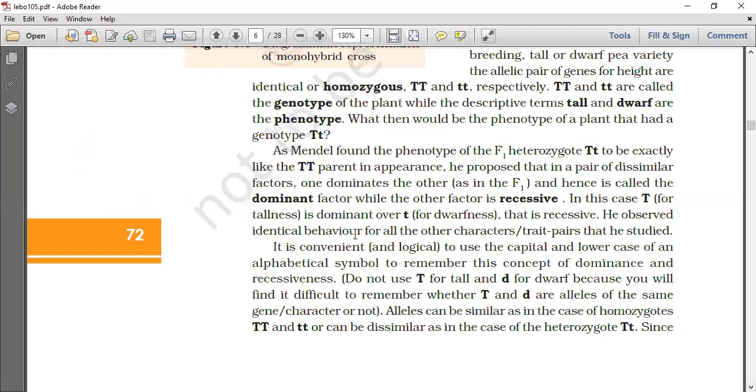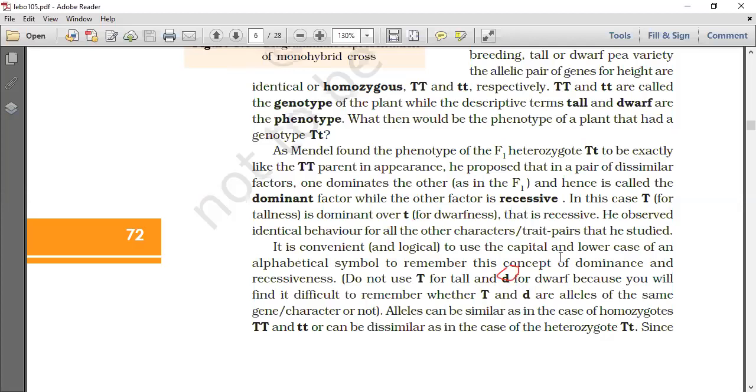He observed identical behavior for all the other character trait pairs that he studied. It is convenient and logical to use the capital and lowercase of an alphabetical symbol to remember this concept of dominance and recessiveness. So we should not use capital T for tall and small d for dwarf.